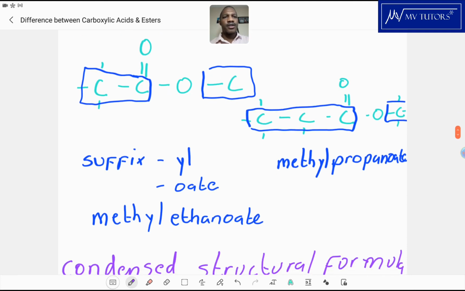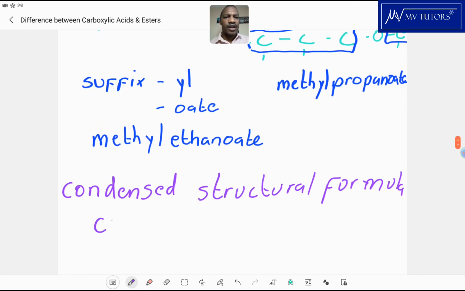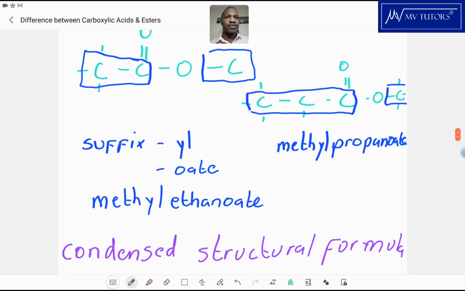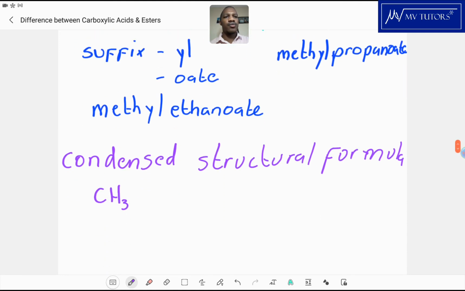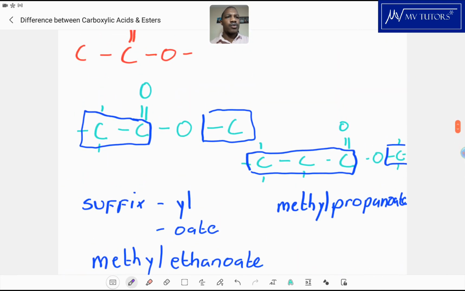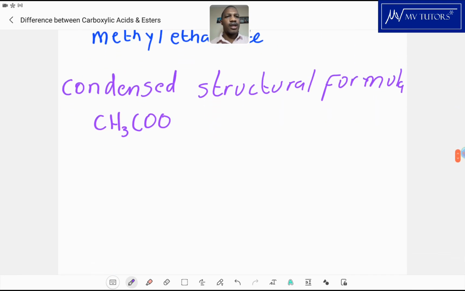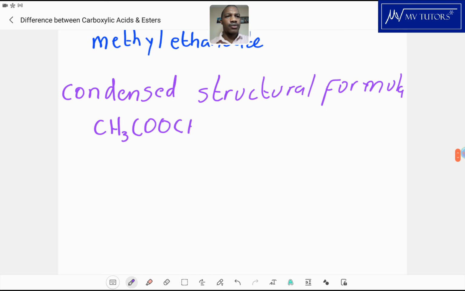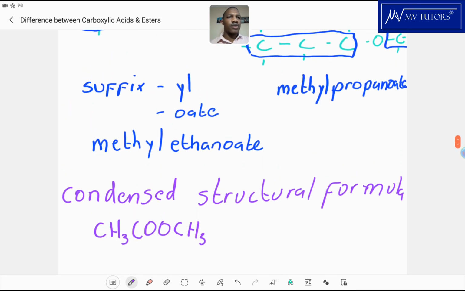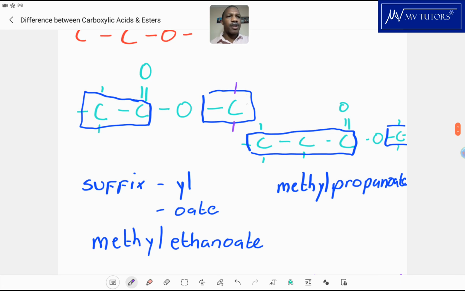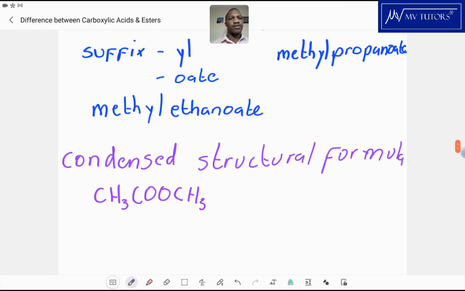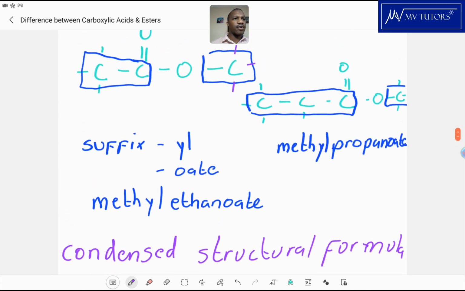The first C has 3 H's. The second one has an O and an O. So it's COO. Okay. And then this C here then has 3 H's. Okay, it's got 3 H's because remember it must have 4 when it's complete. So that's the condensed structural formula for that one.